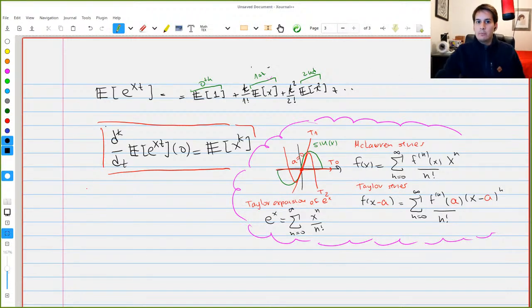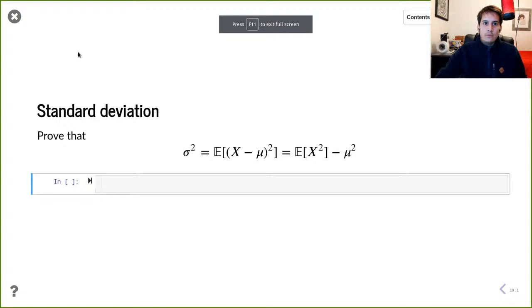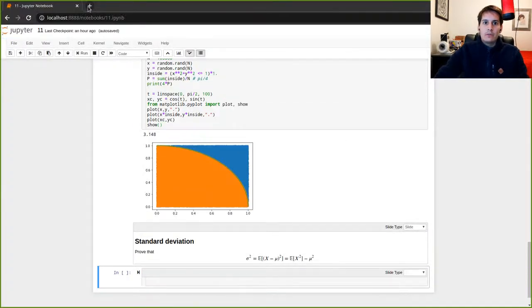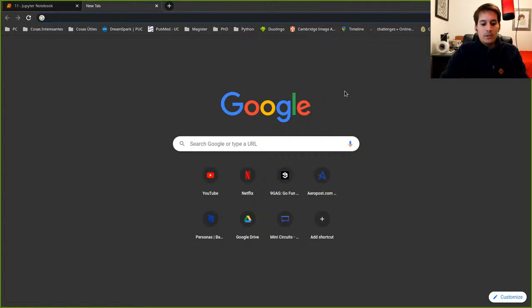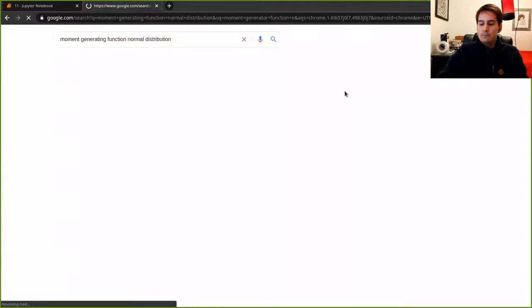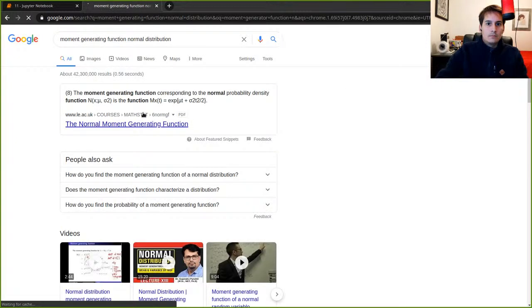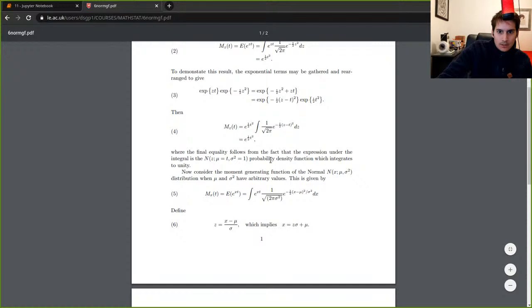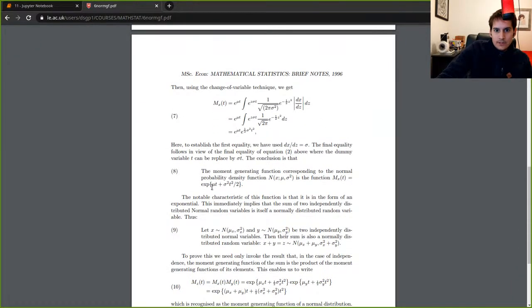And for example, if we look at the moment generator function for the normal distribution, because we'll not do the integral here, it is this.